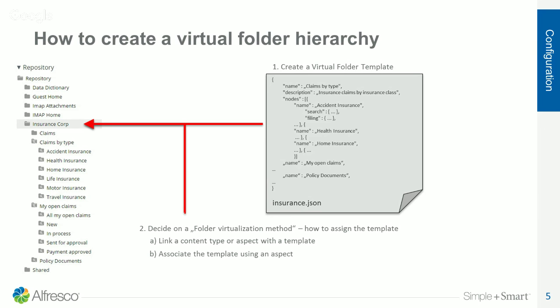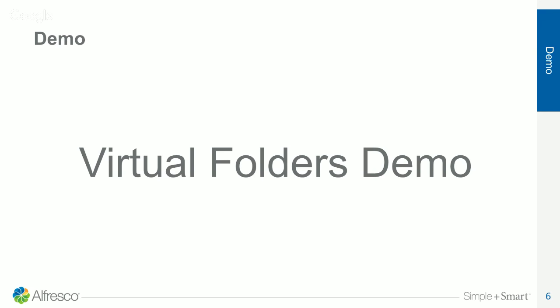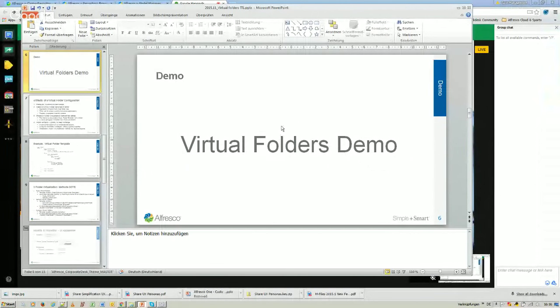Either you add an aspect to this folder, or this folder is of a specific type or holds a specific aspect, and then when you create such an object, automatically the virtual folder structure will be attached. But I will show you this in the demo. This is, by the way, the last slide before the demo. Okay. So let's switch to the demo.